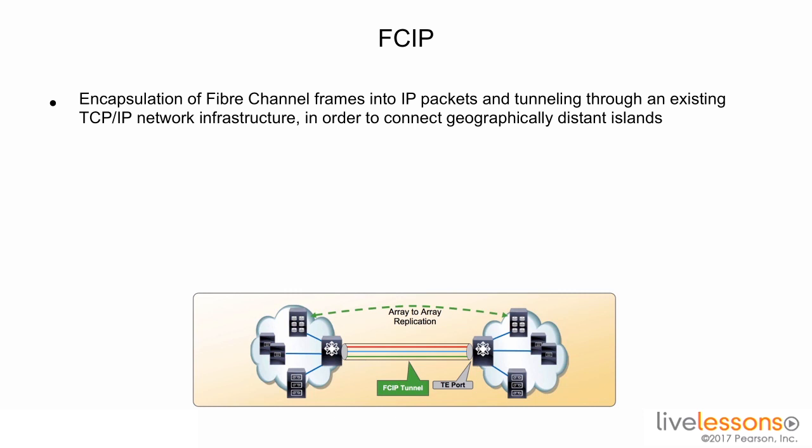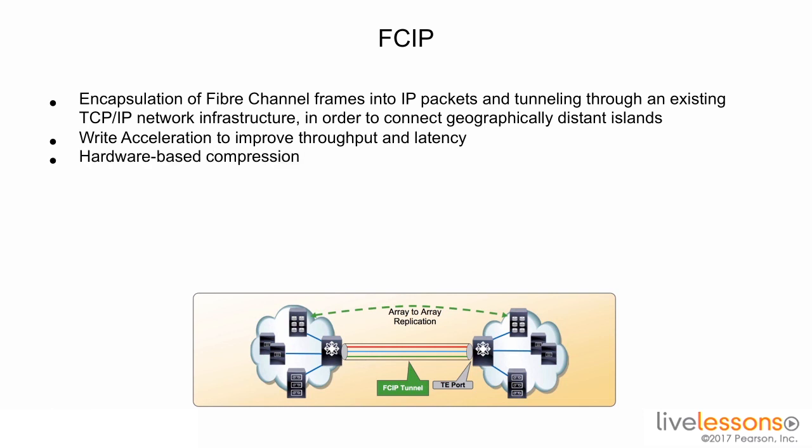So if I had 2 data centers that I wanted to connect with fiber channel, but the distances were too great for my buffer-to-buffer credits or the optics that I had, I could encapsulate that and send it over a layer 3 IP network till it got to the other side where I unencapsulated it and turned it back into fiber channel. I can also take advantage of features like write acceleration to improve throughput and latency, and hardware compression to improve how much data I can fit in the pipe, as well as security features like IPsec encryption.